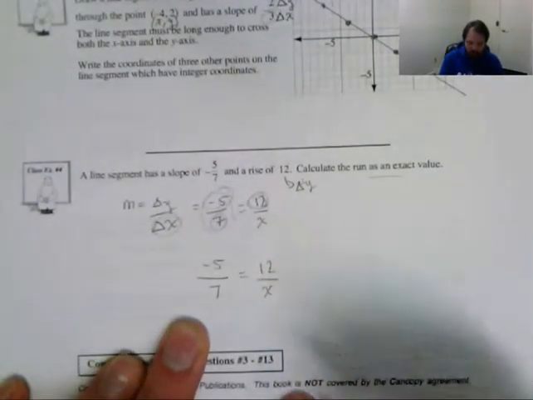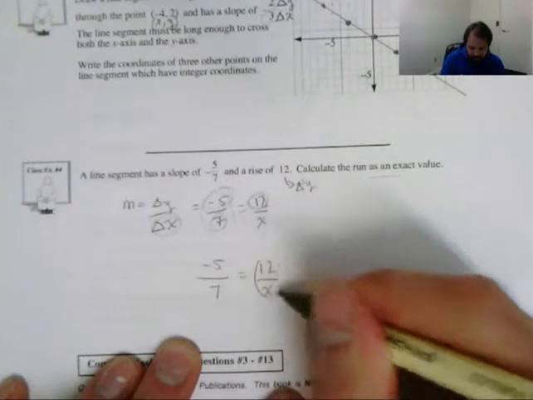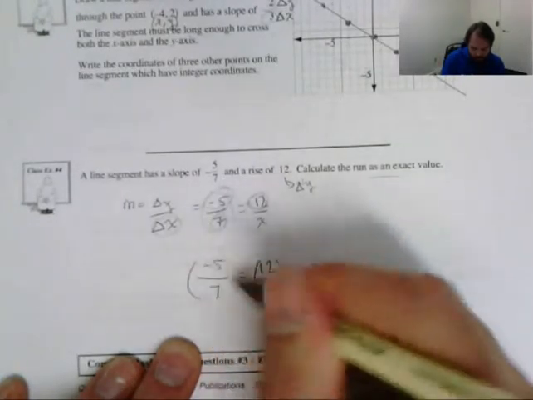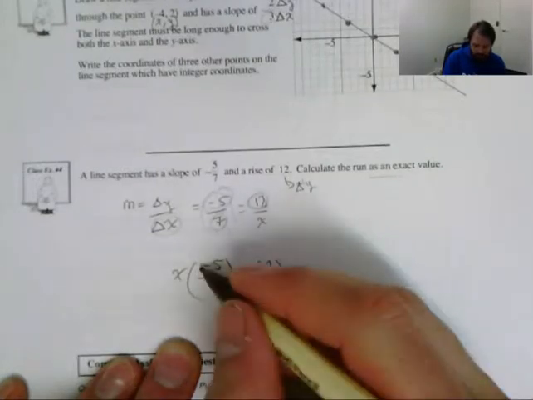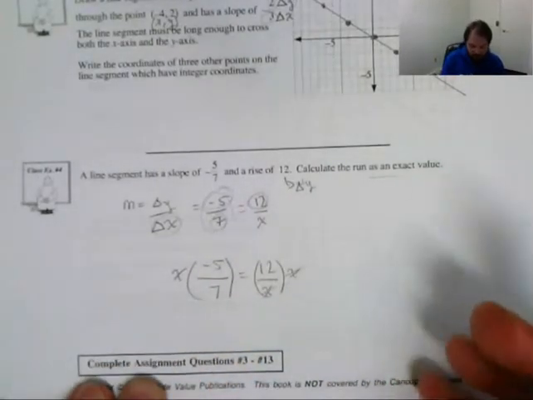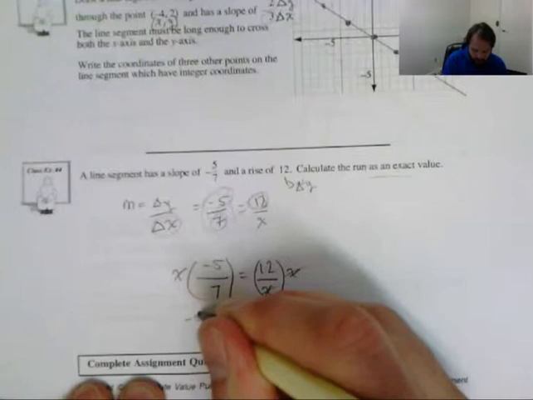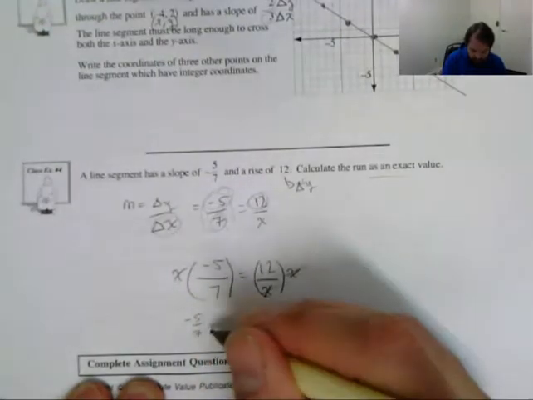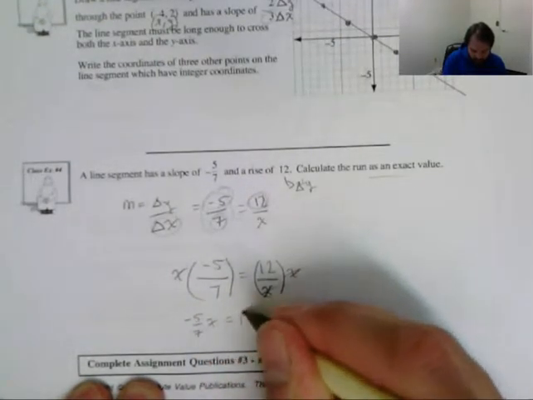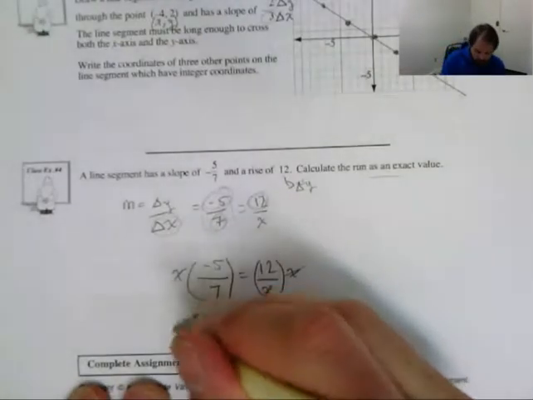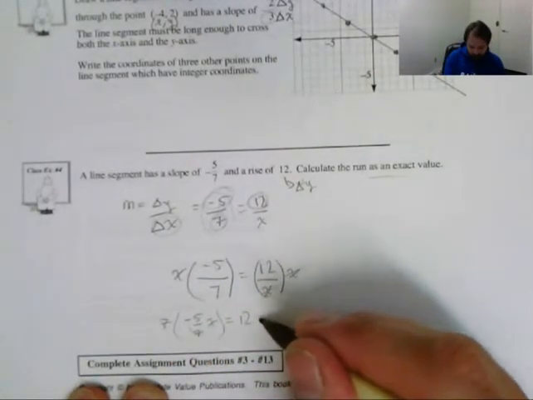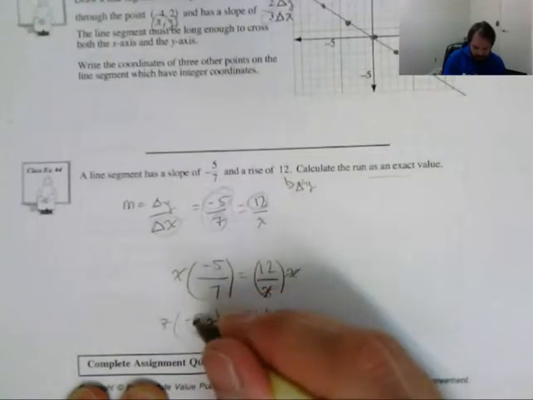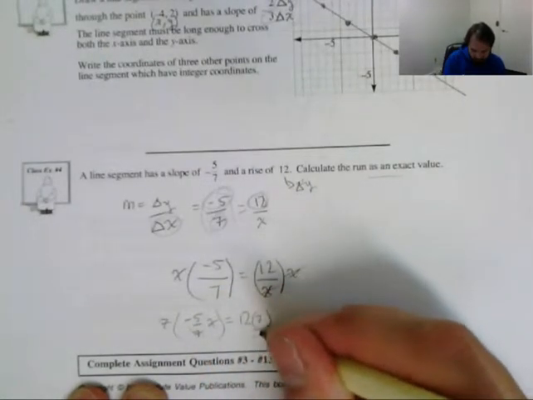x. So now that we want to solve for x, we want to get x all by itself. So first I'm going to multiply both sides by x. So these x's will cancel off, and now I don't have x as a denominator. So I have -5 over 7, x is equal to 12. Now I'm going to multiply both sides by 7 to get rid of these 7's. And then I'm going to divide both sides by -5.